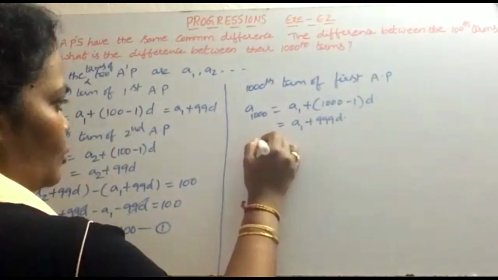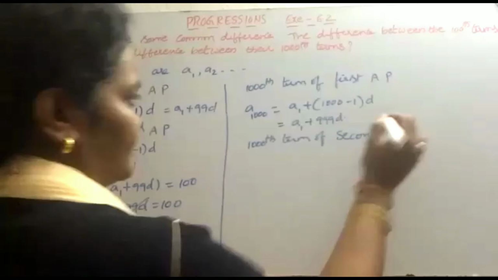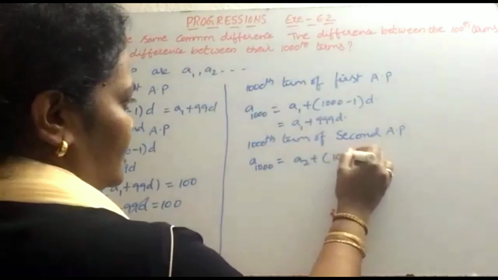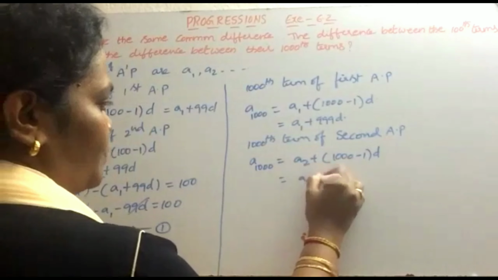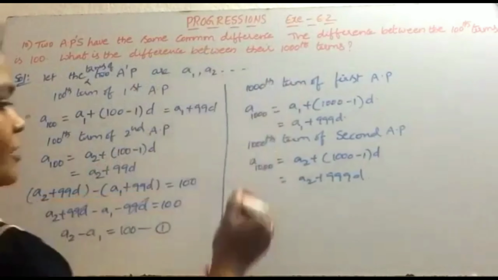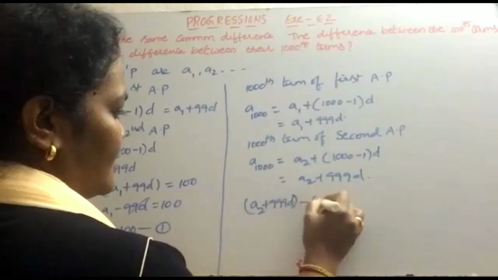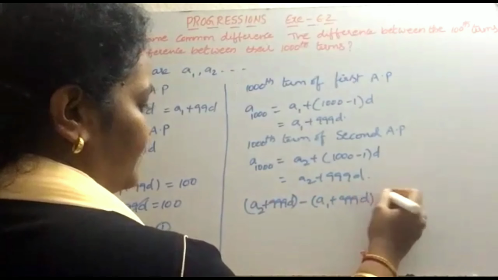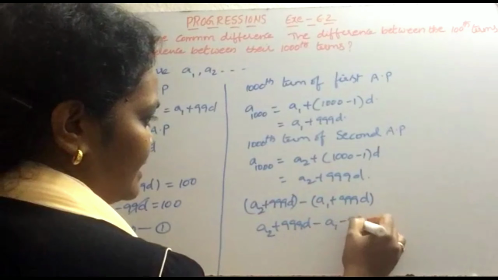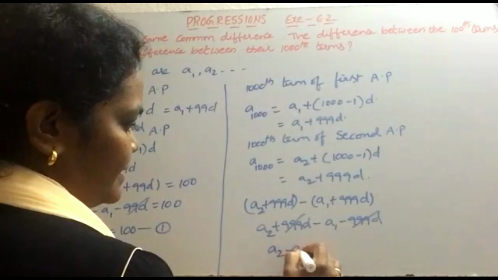The 1000th term of the second AP is A2 plus 1000 minus 1 into D, that is A2 plus 999D. They are asking for the difference, so A2 plus 999D minus (A1 plus 999D), which is A2 minus A1.